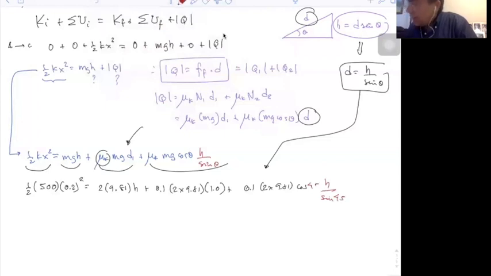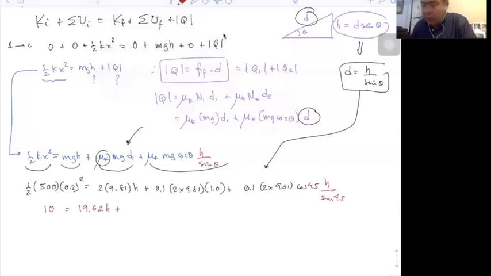So putting all numbers together, don't rush that much, Victor, please. Half of 500 times 0.2 squared gives 10 joules for the elastic energy. Then 19.62 h, which we do not know, then 0.1 times 2 times 9.81.